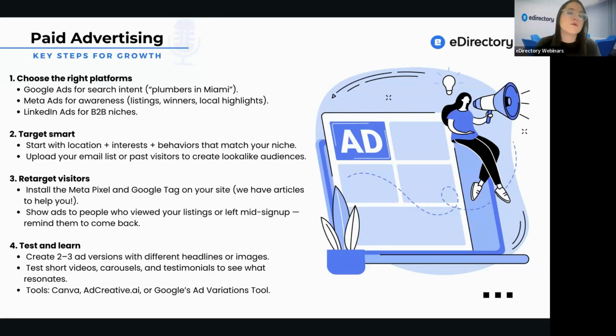But if you wanna burst your bubble, be shown to different people, you want brand awareness a little bit more, Meta ads is great for that because it has a lot of reach potential. So it can show you to different people. You can work a little bit with listing contests, highlights. You can try to play around with it a little bit more and be more modern with it.